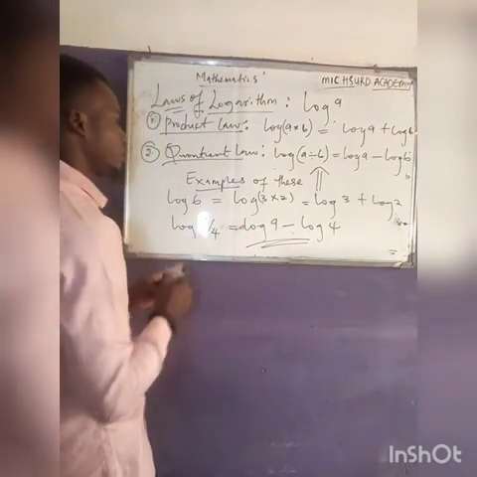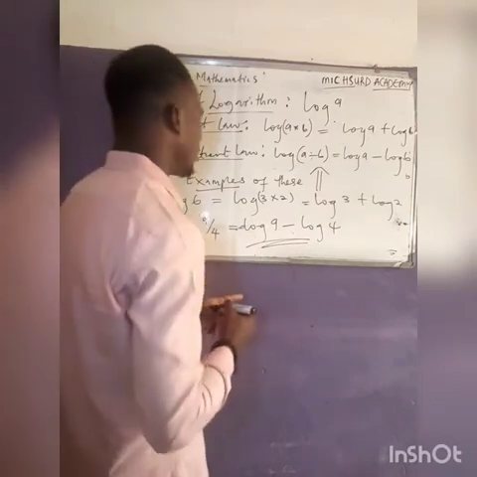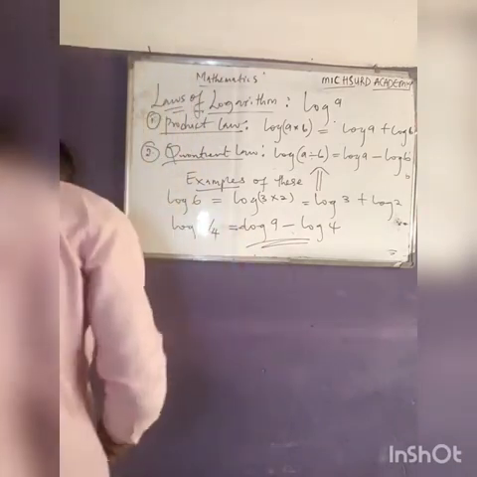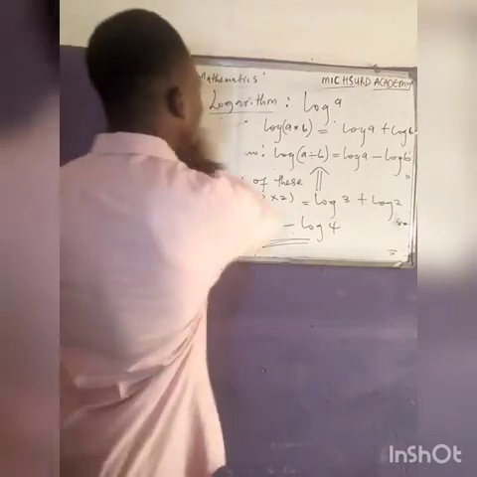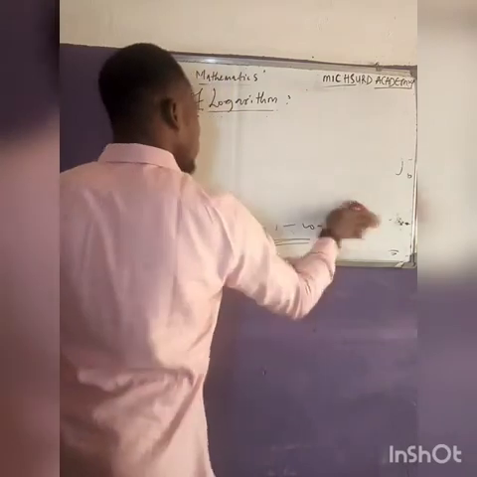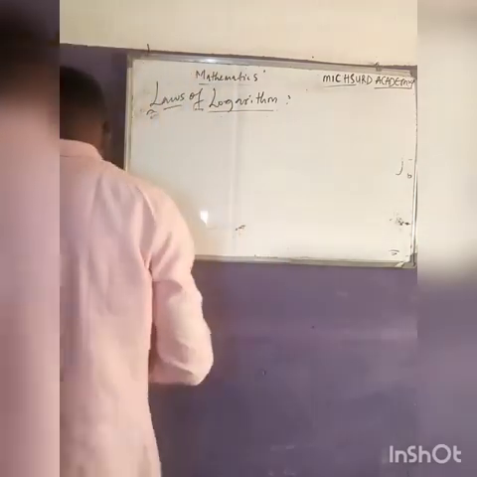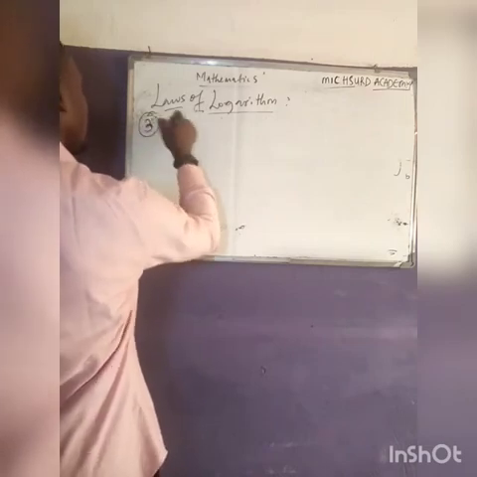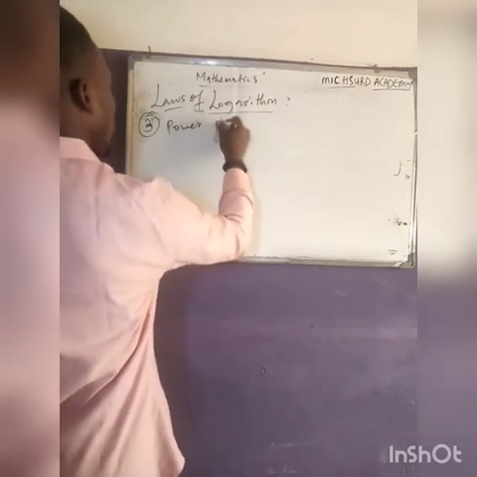Then we can break further. So we see from this one, we have another law that we can derive from here. So I'll clean this side of the board. We have the power law.